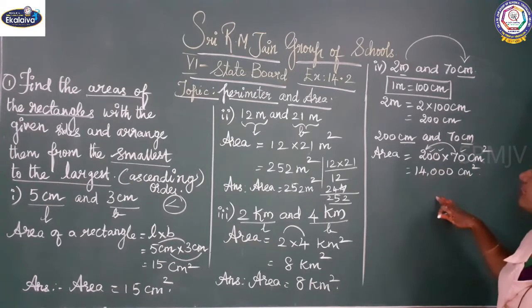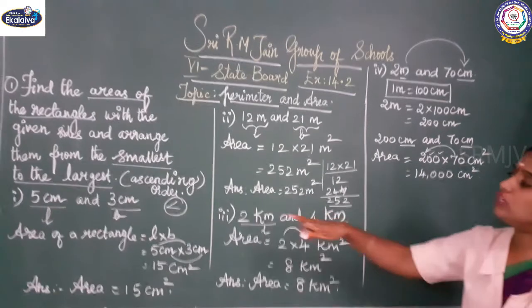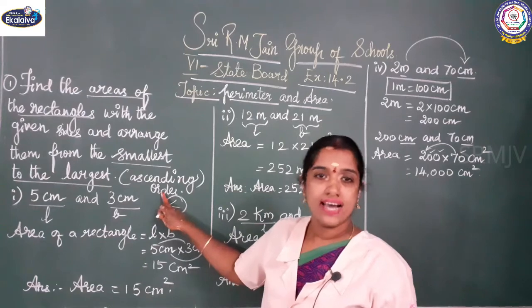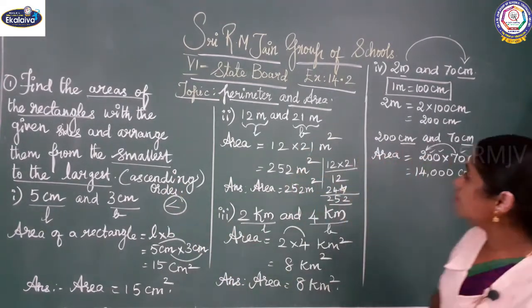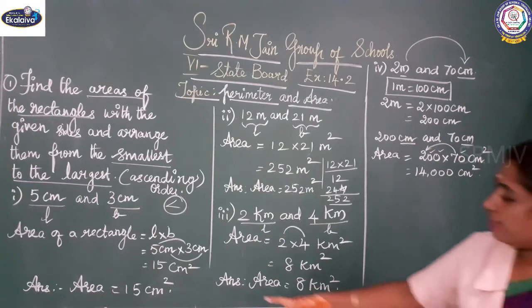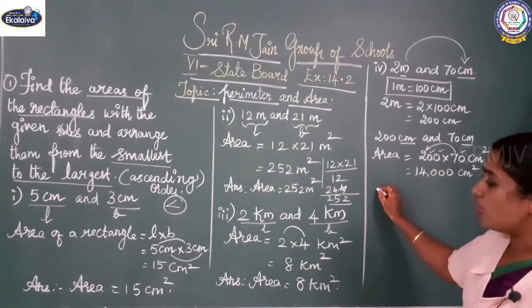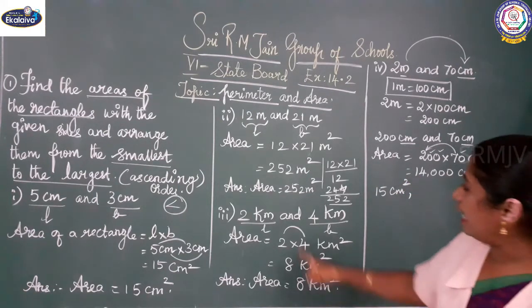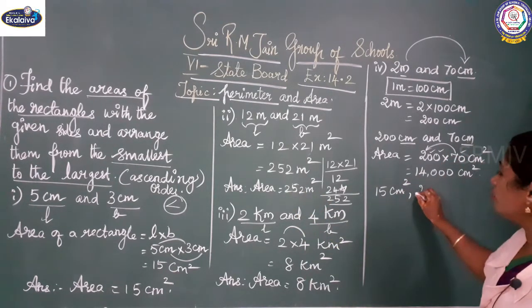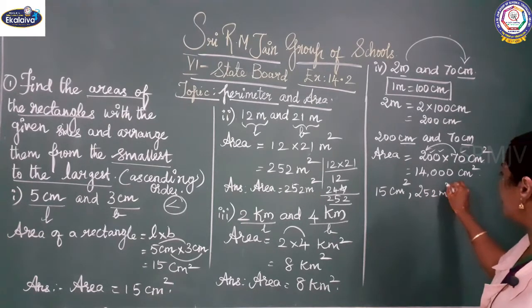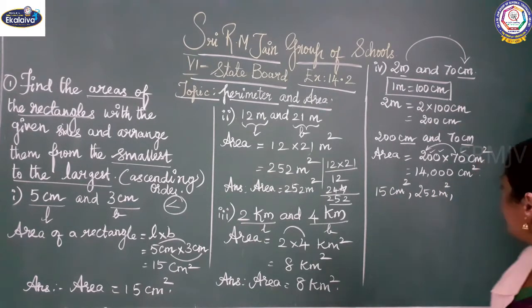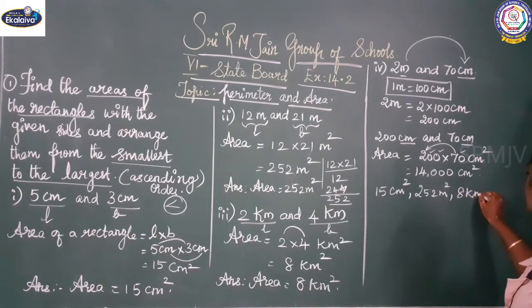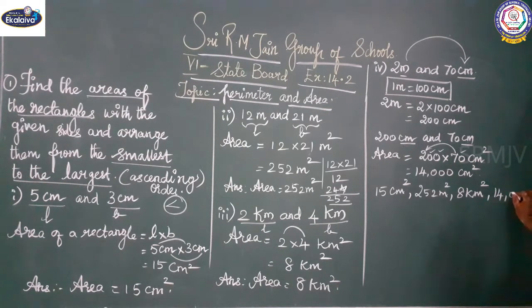Now I am moving for the step 2, which is I am going to arrange this in what order? Ascending order. Listen, first you collect all the things. See, for the first sum you are getting 15 centimeters square, and for the second one you are getting 252 meters square, and for the third one you are getting 8 kilometer square, and fourth one you are getting 14,000 centimeter square.